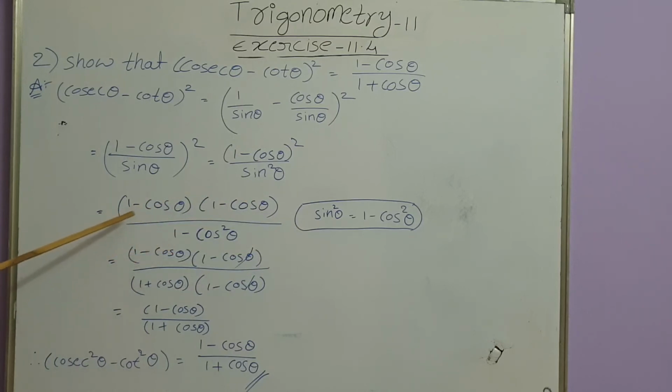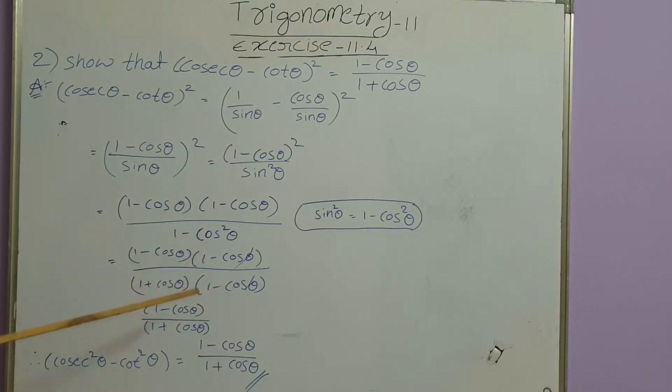So sin square theta is equal to 1 minus cos square theta. Substitute here, (1 minus cos theta) into (1 minus cos theta) by 1 minus cos square theta, the sin square theta substituting here. Next, (1 minus cos theta) into (1 minus cos theta) by, this is a square minus b square form, so (a plus b) into (a minus b): (1 plus cos theta) into (1 minus cos theta).